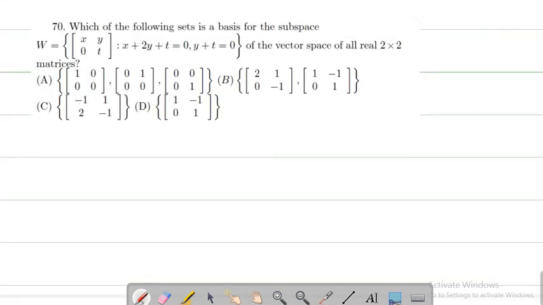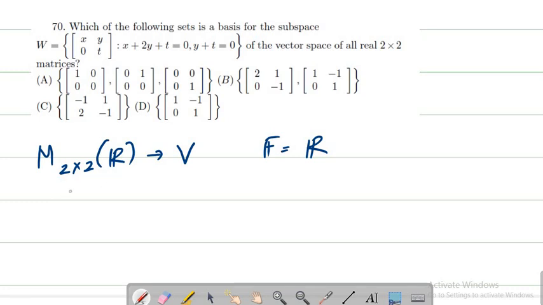So here we are given a problem on vector spaces, subspaces and its basis. We know that the set of all real 2 by 2 matrices is basically a vector space. It satisfies all the axioms required for being a vector space. Here obviously the field that we are going to take is the set of real numbers, so we'll denote M2 by 2 of R to be the set of real 2 by 2 matrices.